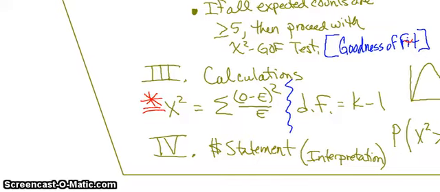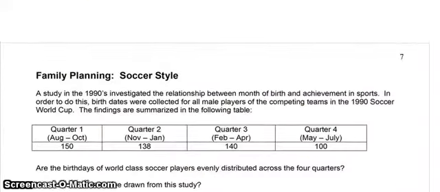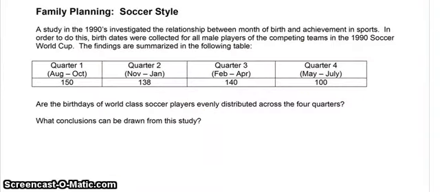Now, let's look at a problem. What we want to know is, are the birthdays of world-class soccer players evenly distributed across the 4 quarters of the year? And secondly, what conclusions can be drawn from this study? So, let's look. First thing, let's set up our expected counts.